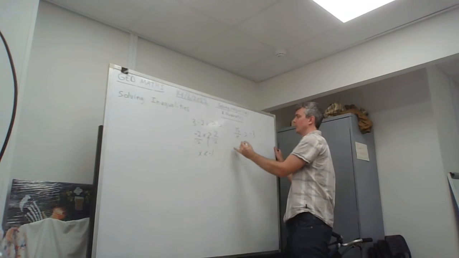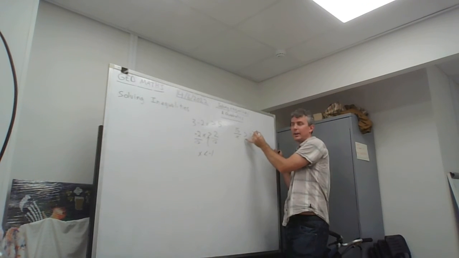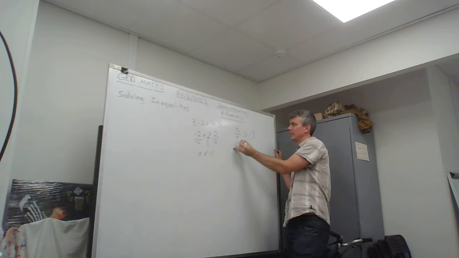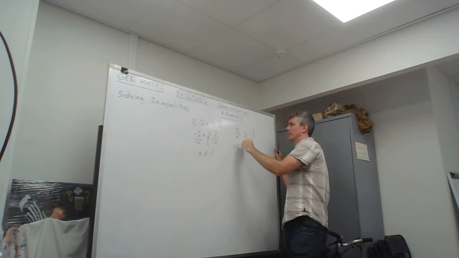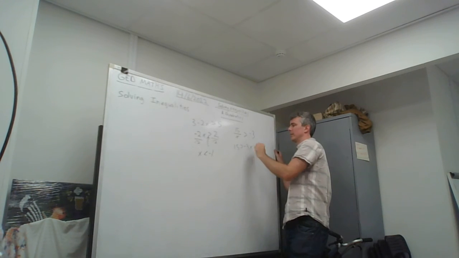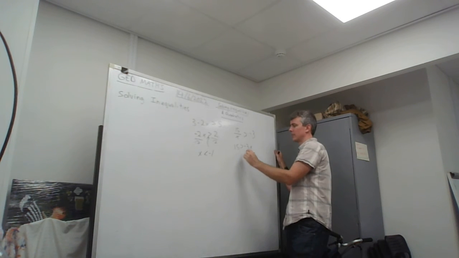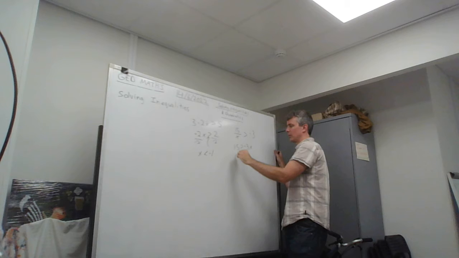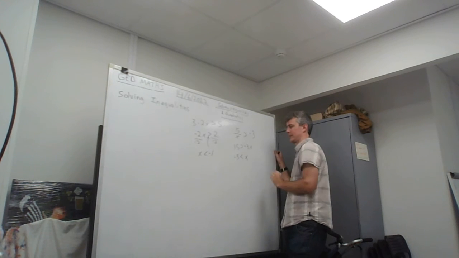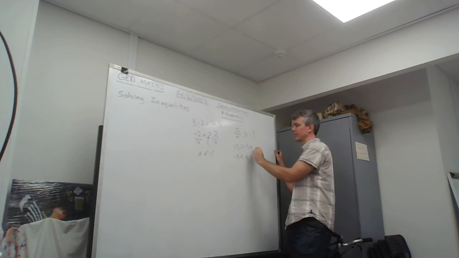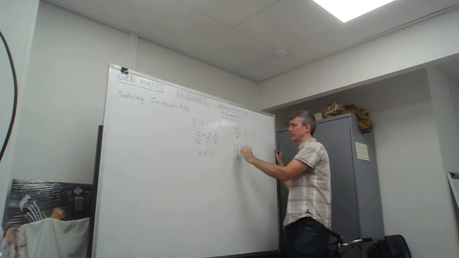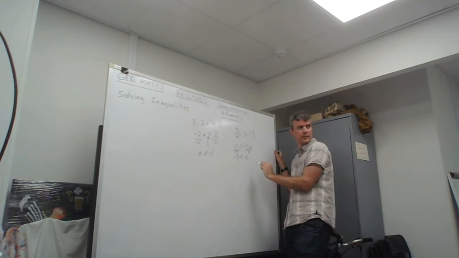Now we want to get x onto this side and negative 3 onto the other side. So we multiply both sides by x: 15 is greater than negative 3 times x. Then we divide both sides by negative 3, so that becomes negative 5 less than x, because I divided by a negative number, I change the sign.